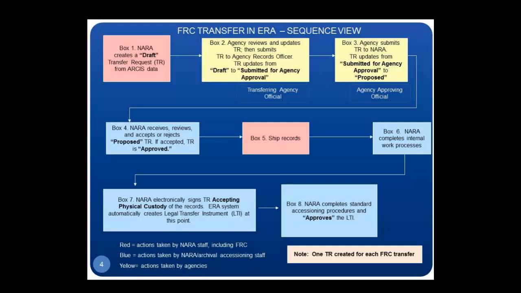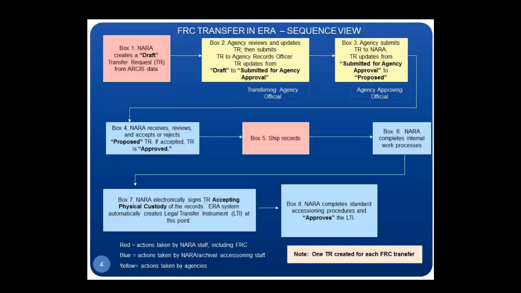The agency approving official will take it from there. Then the TR is moved from a status of submitted for agency approval to proposed, by your agency to the National Archives.